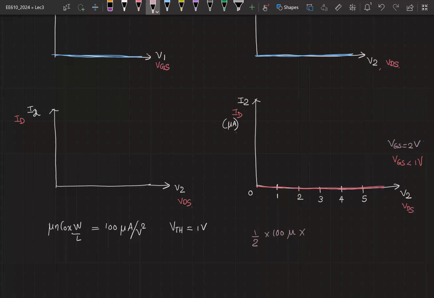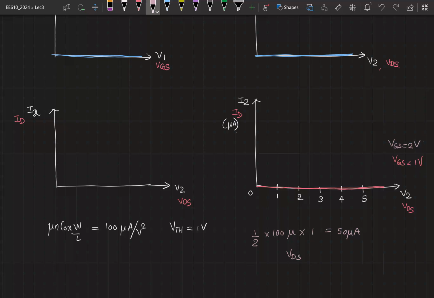VGS is 2 volt, VTH is 1 volt, so it's basically 1 square. So this gives you 50 microamperes. So I know that I have to draw a flat line for the saturation region at 50 microamperes. But I also want to know from what point on VDS I have to start drawing this flat line.